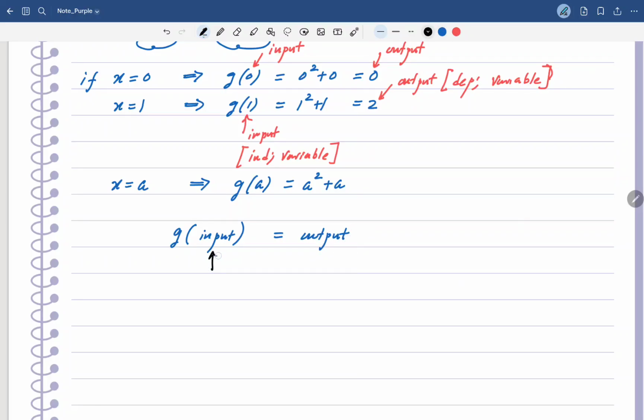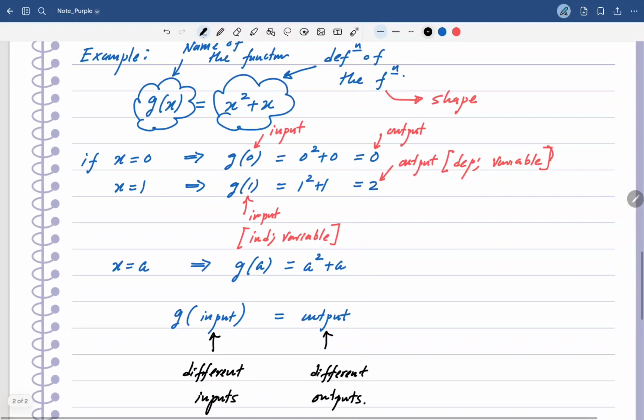So you can see now different inputs can have different outputs. So this is the beauty of functions in math.